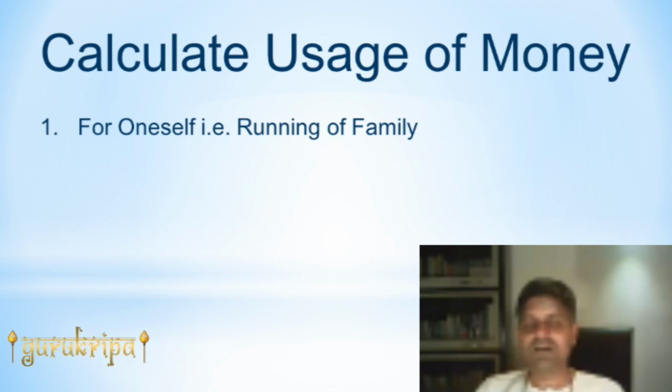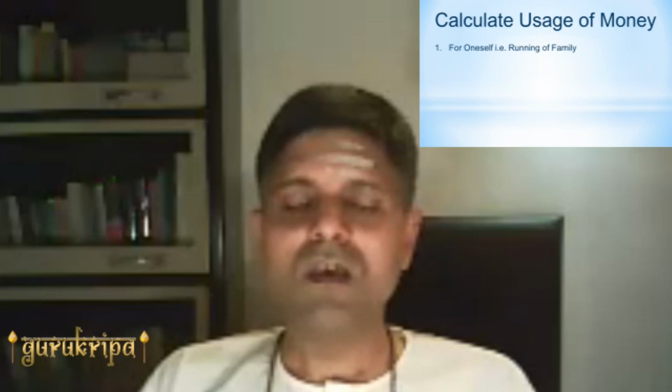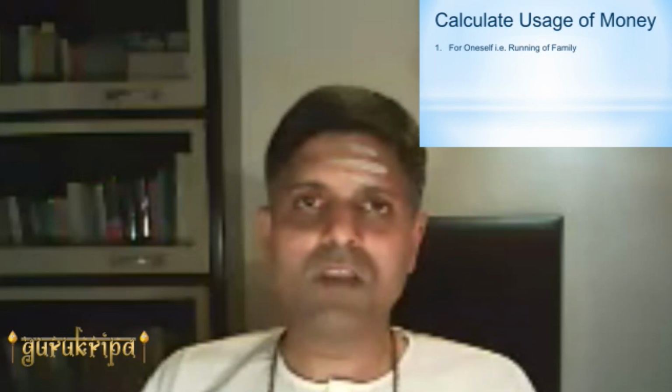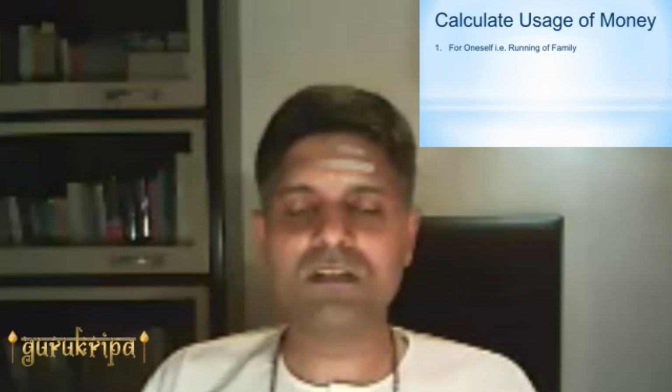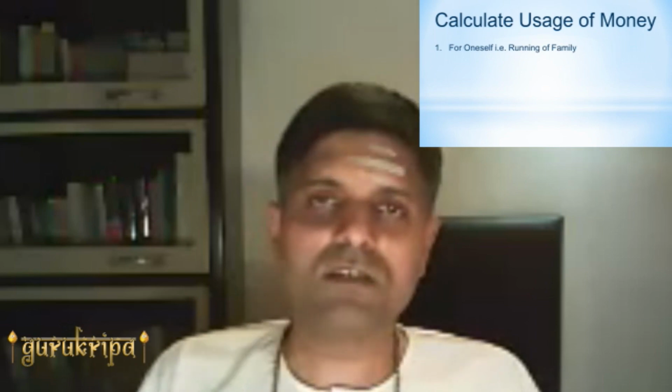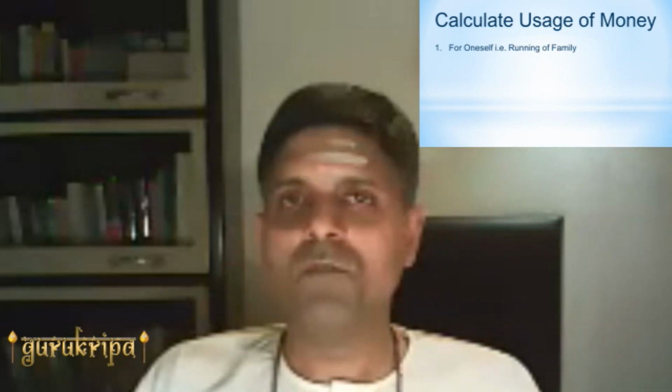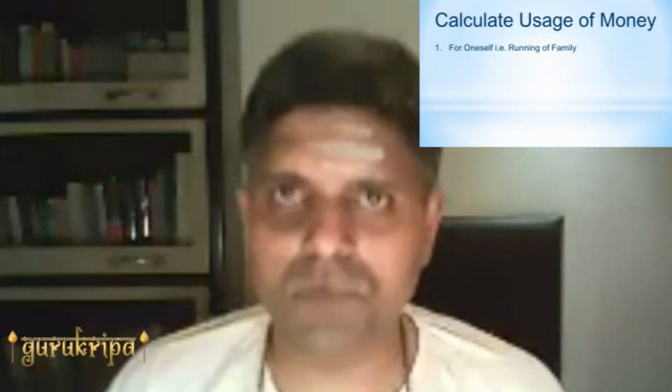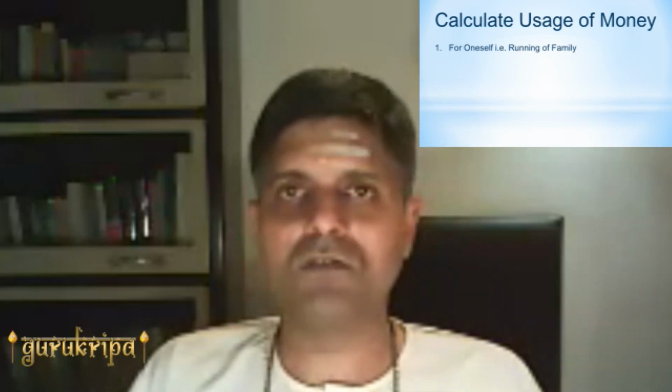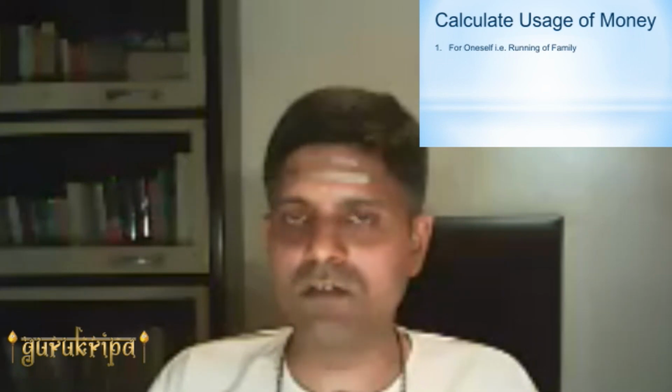First is you have to calculate in terms of what is required for yourself, for running the family, which is the basic requirement. When you are living in a family, you know what are the basic essential things that are required on a day-to-day basis to run the family. Be it the kitchen requirements, the provision, the milk and other groceries, vegetables, all those things are essential because daily we need to eat.